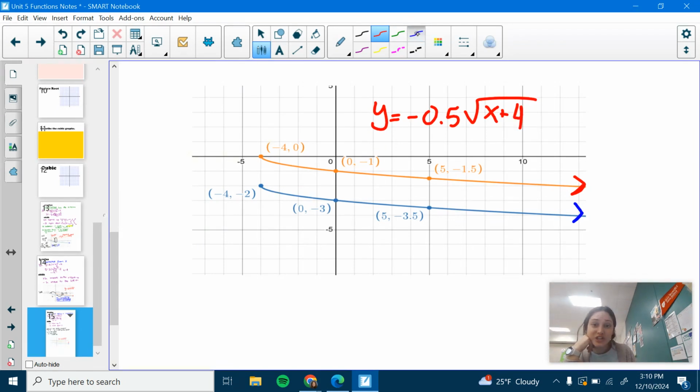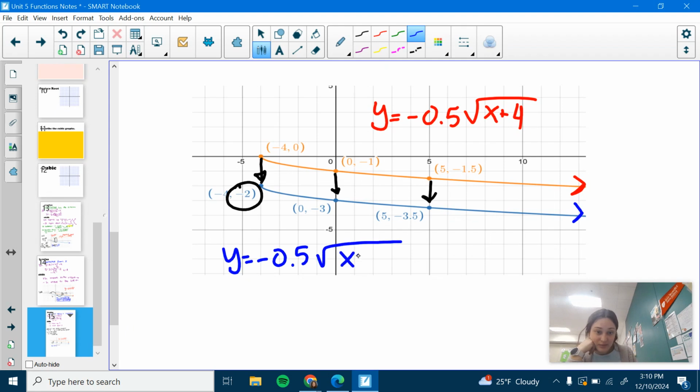And the only change, and we can see it in all of our points, between the endpoint, between all these points, is that we shift down by 2. Okay? So my equation would be y is equal to negative 0.5 square root of x plus 4 minus 2, because remember that k tells us up and down.